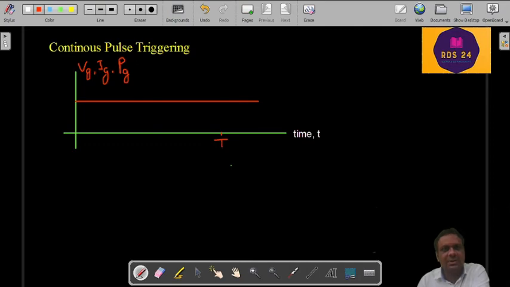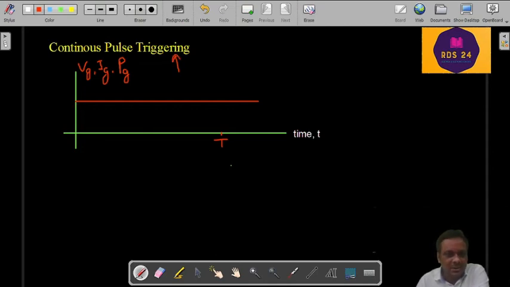This is your triggering period, T. If the gate pulses are applied continuously to the gate throughout the cycle, then it is known as continuous pulse triggering.